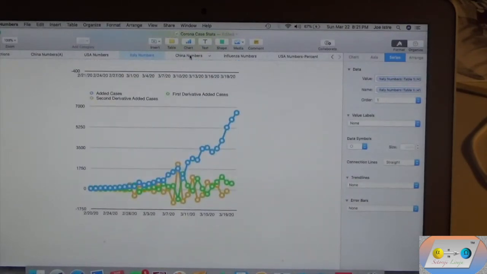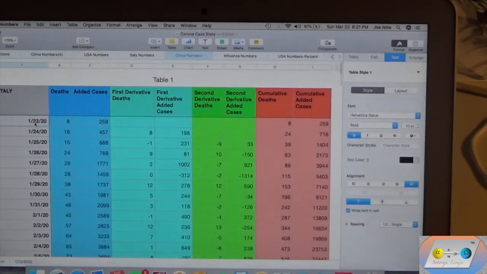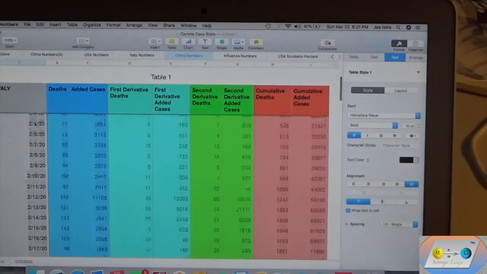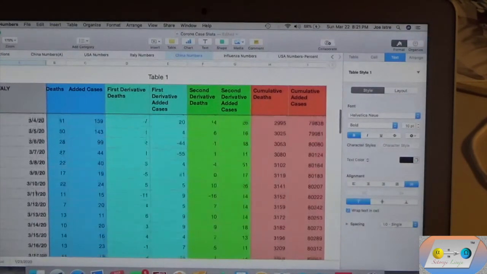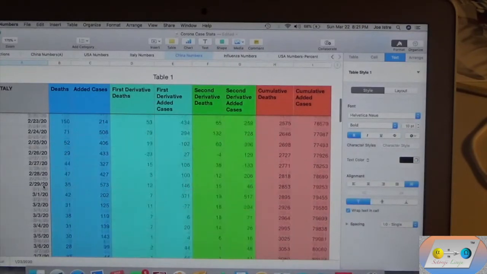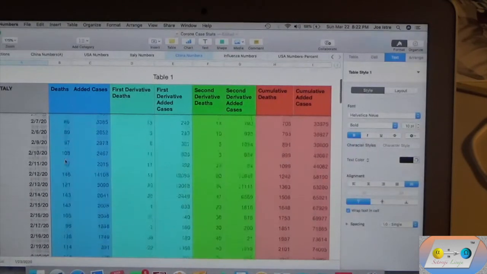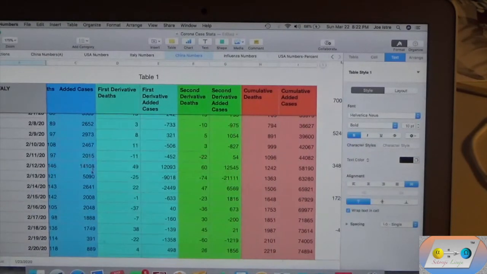Now the China numbers, they really start on January 23rd, and then the epidemic is over by the middle to end of February, more or less. See, we're in the hundreds here. Their max is about 5,000-ish, 2 to 5,000.